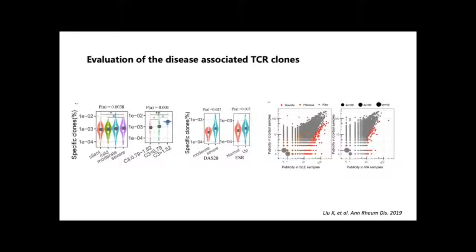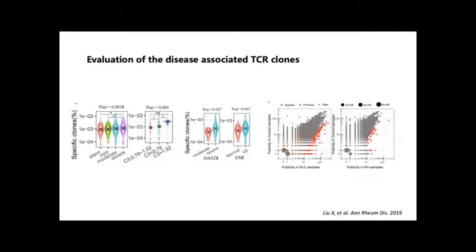Firstly, we evaluate whether these TCR clones truly have some association with the disease. We didn't do any experimental validation on this, but we tried to figure out whether there's a connection with the phenotypes. So we looked at the content of disease-associated clones in correlation with the disease activity.